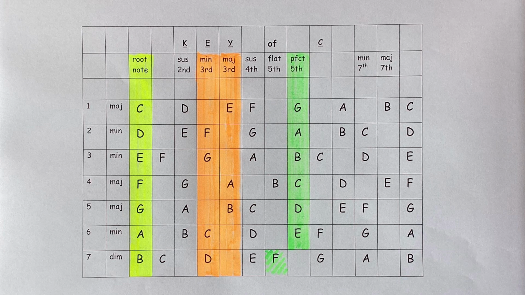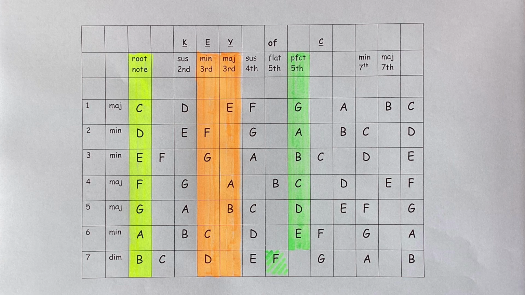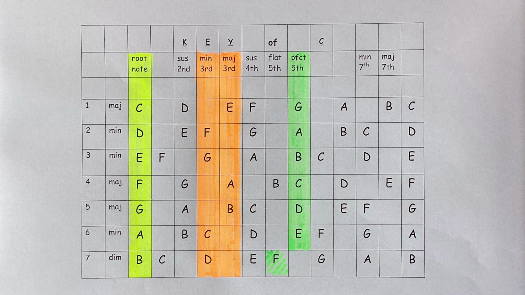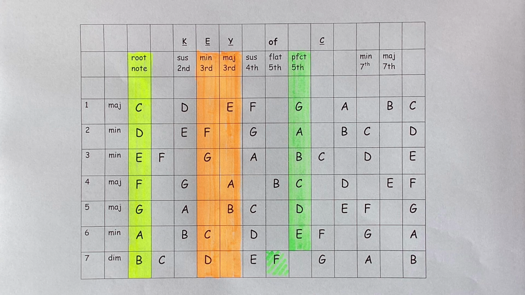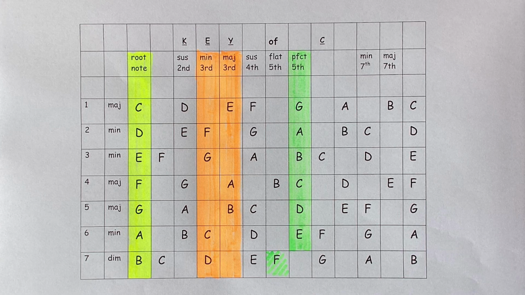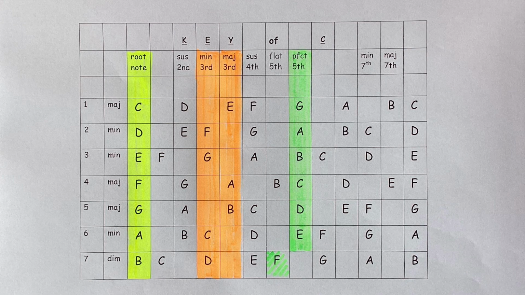So if we start at the top line there and we just write the notes across C, D, E, F, G, A, B and C, observing where the whole steps and half steps, or tones and semitones, are: a semitone, a half step, between E and F, a semitone between B and C, all the rest are whole steps.